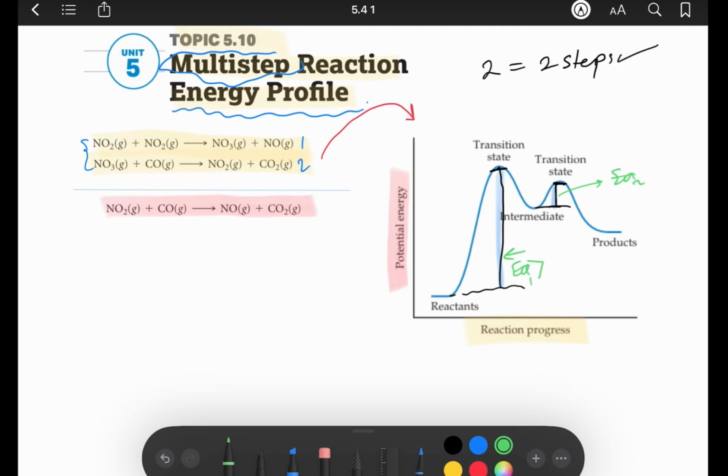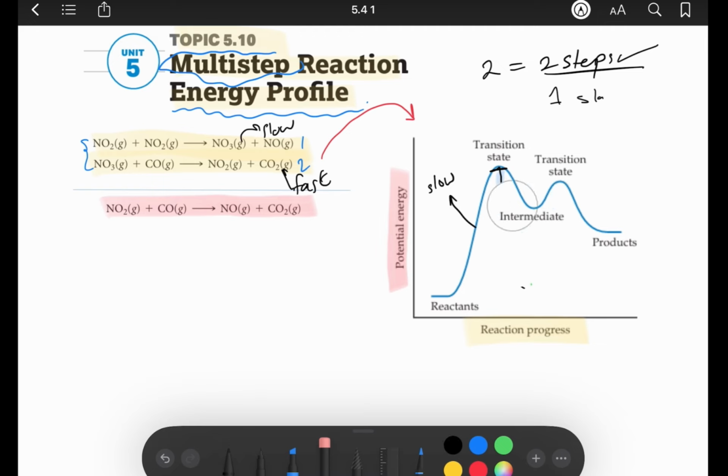And we can deduce that the first step is the slow step, whereas the second one is the fast step. Since we determined that we have 2 steps, and that the first one is slow whereas the second one is fast, we have one more thing to discuss.